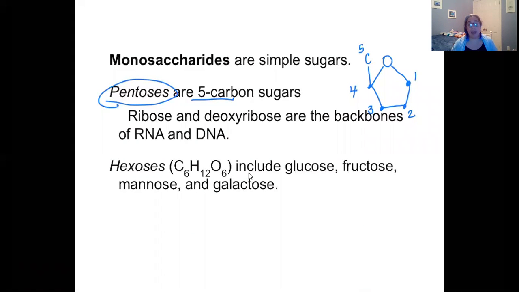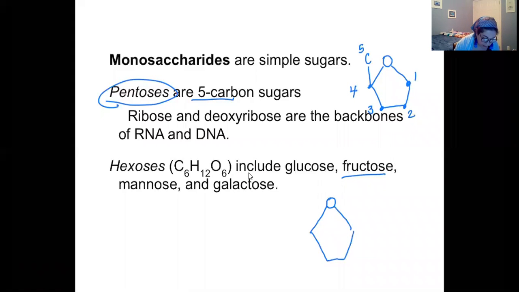Hexoses have 6 carbons in them. So they can be glucose, fructose, mannose, galactose, as we had mentioned earlier. Typically, these are going to be drawn as hexagons, but they may not necessarily be hexagons. Fructose is a good example of a molecule that's a hexose, but it's not in a hexagon shape. So this is what it's going to look like. You're going to have your oxygen group.